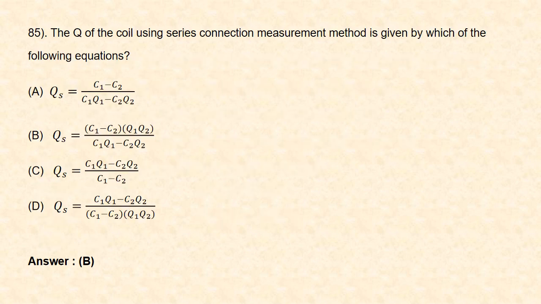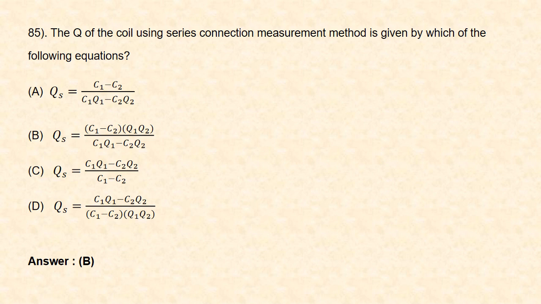Next question, the Q of the coil, that is the quality factor of the coil using series connection measurement method, is given by which of the following equations? Now, the quality factor of the coil can be found using series connection by using the formula Qs is equal to (C1 minus C2) into Q1 into Q2 divided by (C1 into Q1 minus C2 into Q2).